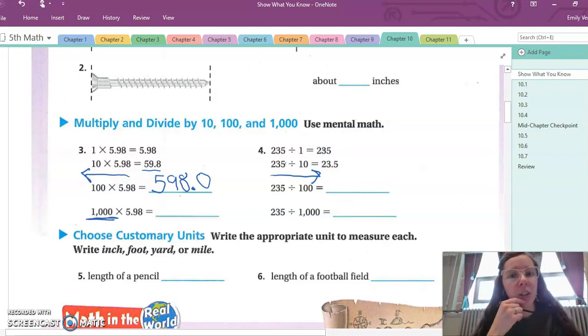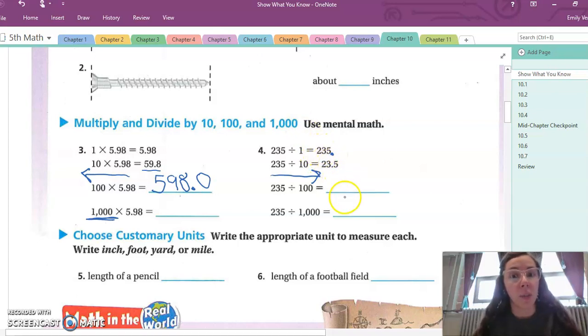Where does the decimal on a whole number like that hang out? Hangs out at the end, right? So there's an invisible decimal point right there at the end. When we divide by 10, our numbers scooched this way, so the 5 jumped over the decimal point and is now on the other side. Okay, 23 is a lot smaller than 235, right?